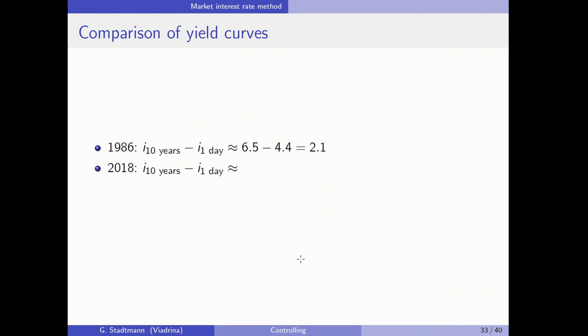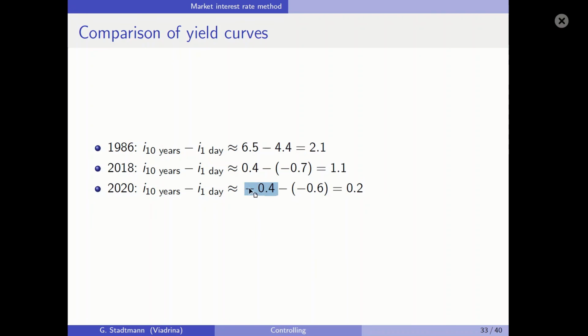So the interest rate is approximately minus 0.4% for the long-term asset, and we have an interest rate of minus 0.6% on the daily basis. So here the profit margin is only 0.2%.